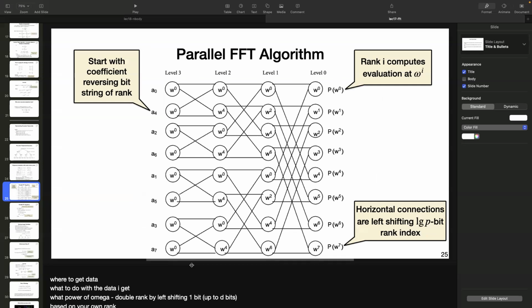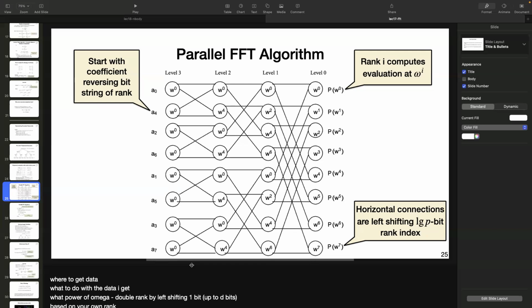So this is the illustration. Actually, technically it starts on the left side. So the inputs are omega 0, and this is level 3 in the tree.